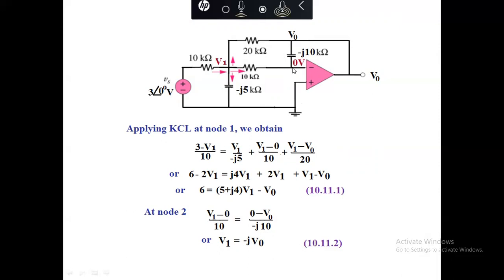So we can take the two currents here, that is (V1 minus 0) by 10.